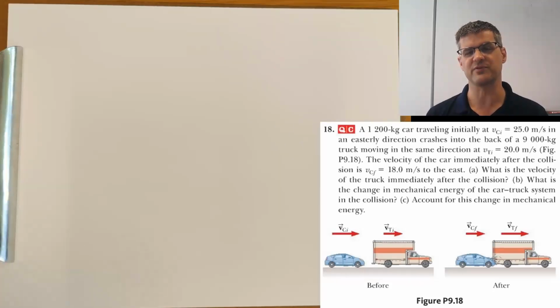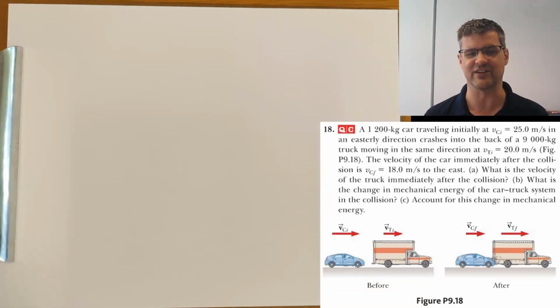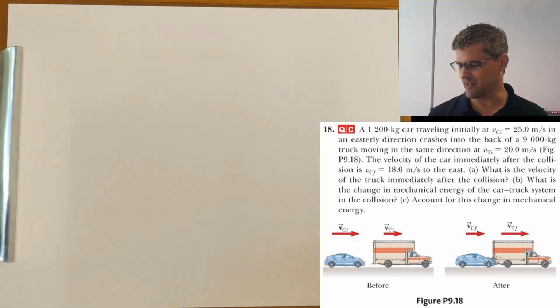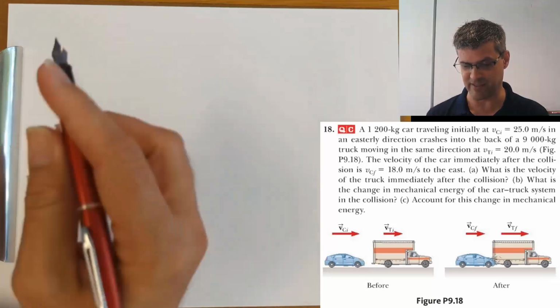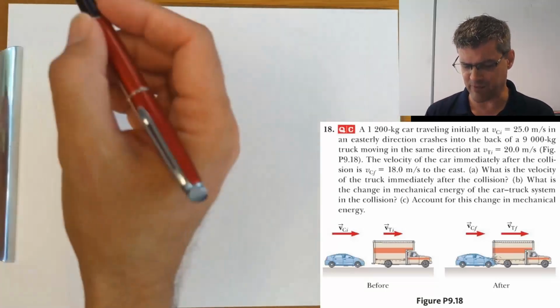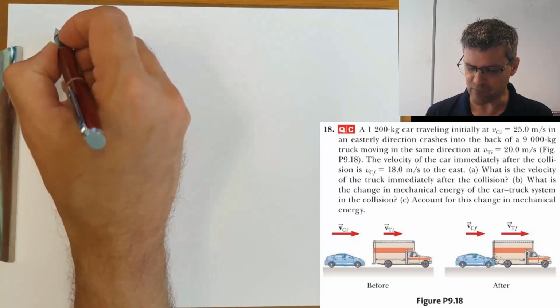So we're supposed to find the speed of the truck after the collision. And if we wanted to, we could look at some other things like the change in mechanical energy of the car-truck system. I may or may not do that here. If you're curious about that, you can look at the video where I do this more exhaustively that's already posted in Canvas.